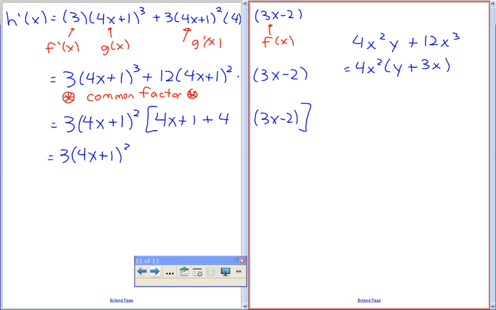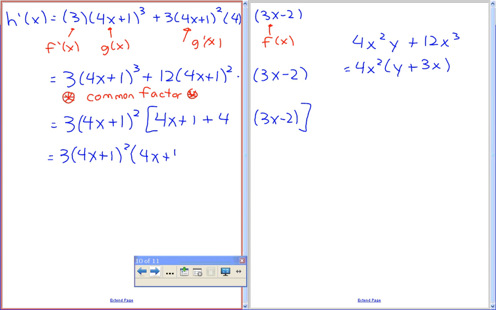That's all I'm basically doing, but I'm doing it with bigger things. Just to finish up, this is going to turn into 4x plus 1 plus 12x minus 8. And this turns into h prime of x is equal to 3, 4x plus 1 squared, 16x minus 7.